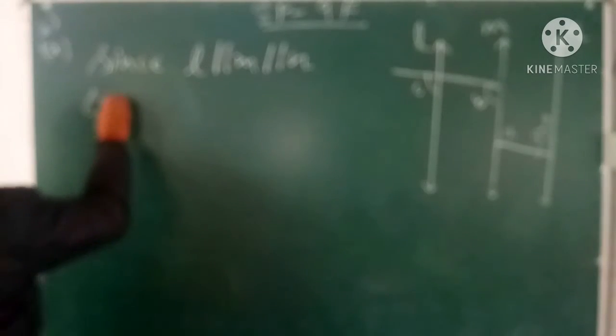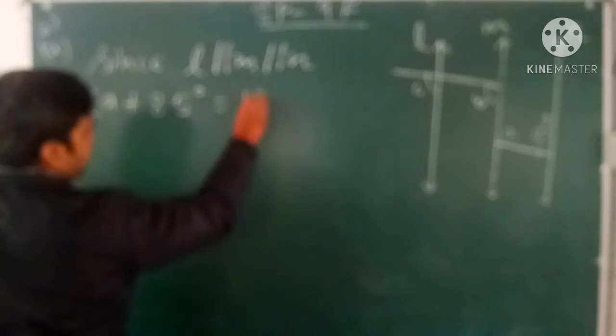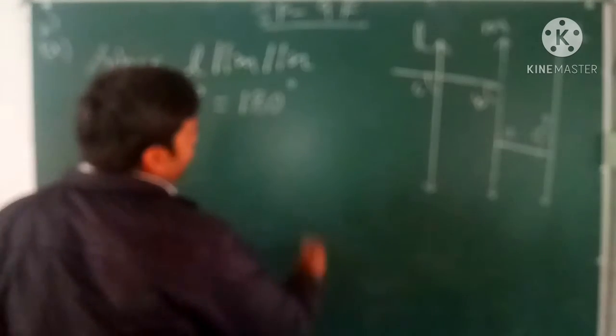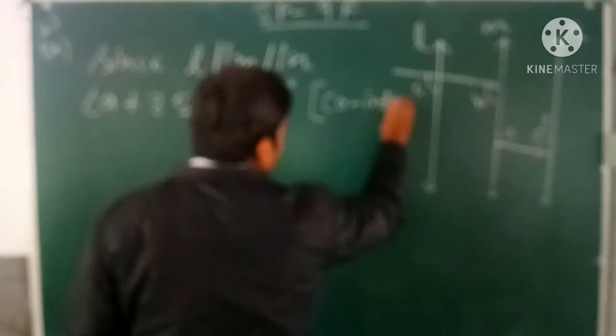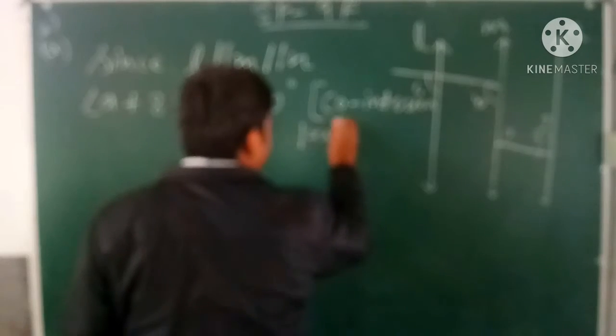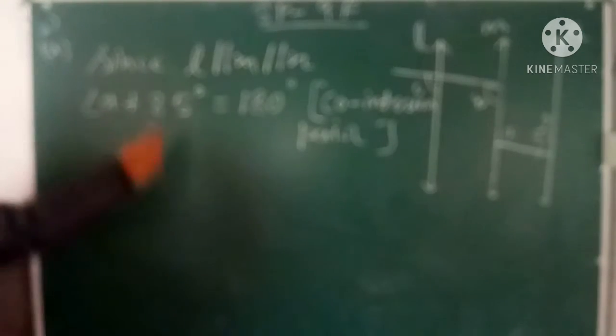So what you write, angle A plus 85 degrees equals 180 degrees. Reason what you put, co-interior pair. And the co-interior pair is supplementary. So that's why we have written angle A plus 85 degrees equals 180 degree.